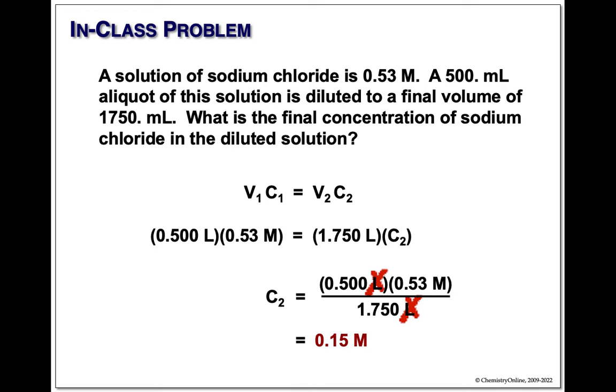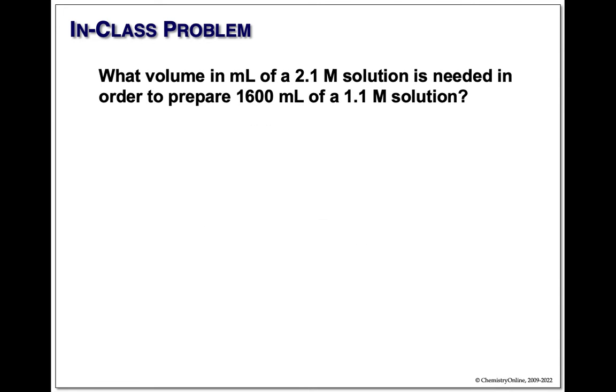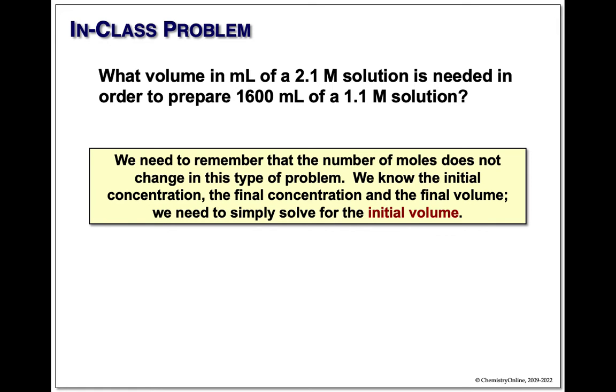Any questions? We have a solution that's 2.1 molar. We want to make 1,600 mL of 1.1 molar. What volume do we need? Once again, it's going to be a concentration times volume. We're simply solving for the initial volume. Go ahead and set it up.